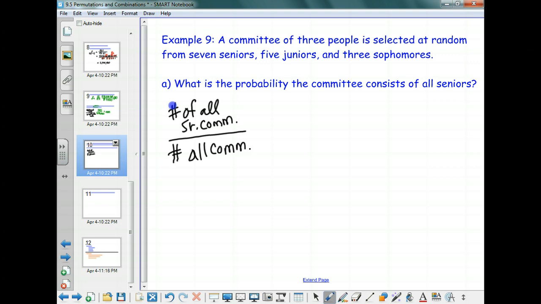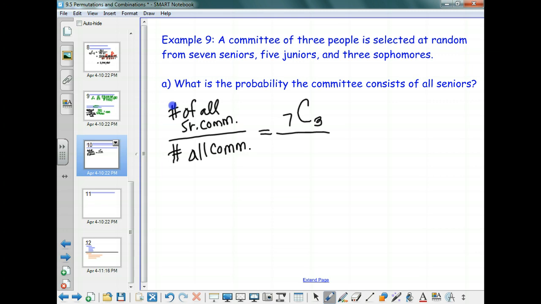How do I find the number of all senior committees? It is a combination, because the order doesn't matter again. You're selected first, you're selected last, you're still in the same committee. So how many seniors are there? 7. And how many are on my committee? 3. So there's 7C3. There are 7 people I'm picking from, and 3 of them are going to get picked if I make the committee all seniors.